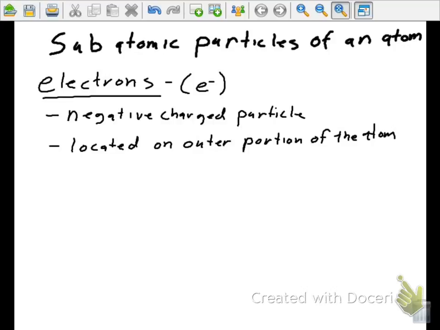Another thing is that most of you don't know that the electrons make up the volume of the atom. So they make up the size of the atom.